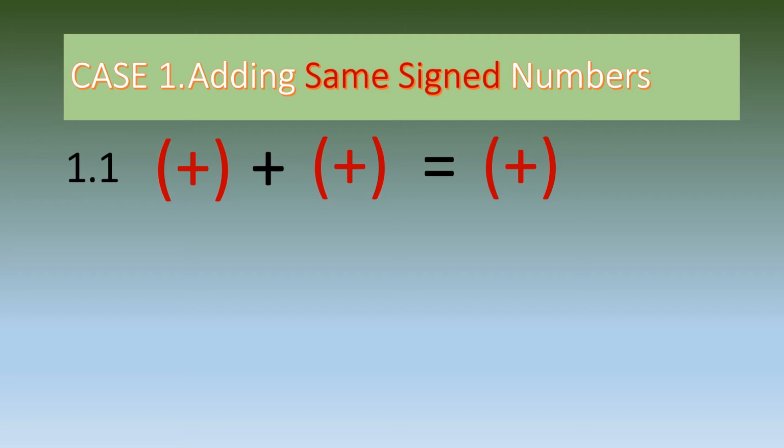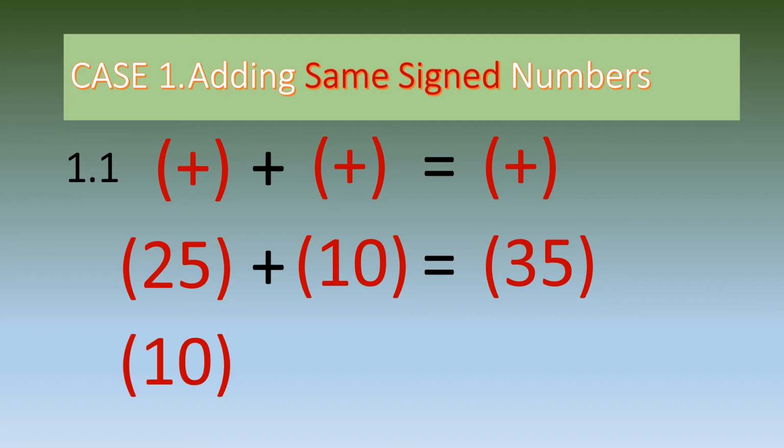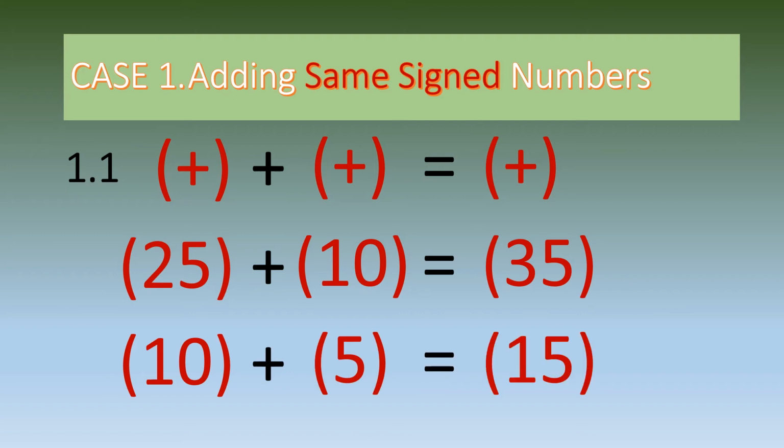Example, positive 25 plus positive 10 would result to a positive 35 answer. Another example, positive 10 plus positive 5 is equal to a positive 15. Again, positive plus positive is equal to positive.